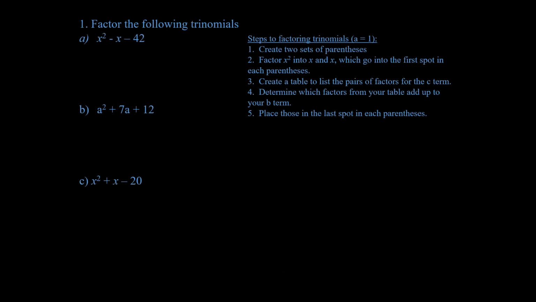So we have x squared minus x minus 42. So I'm going to start by making my parentheses. Now I'm going to put x in each. Now I'm going to list the factors of negative 42. So we've got negative 42 and 1, and 42 and negative 1.